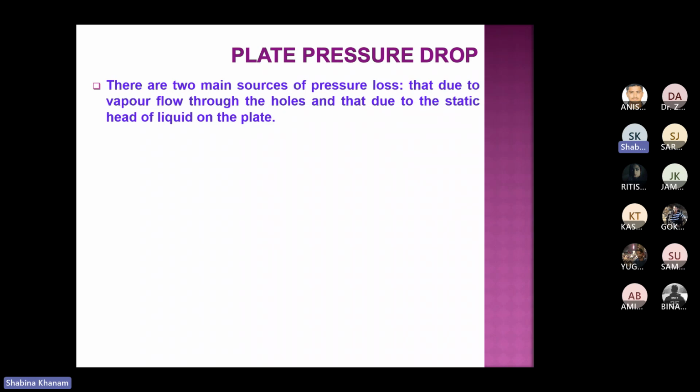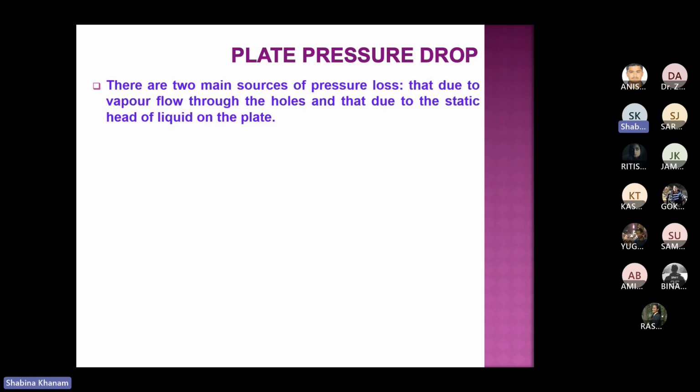When we consider the vapor flow through the holes, we consider the dry plate condition, where liquid is not available. We need to find the pressure drop for each section and then add them to find the total.